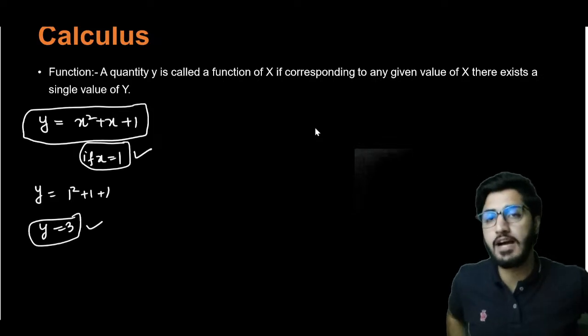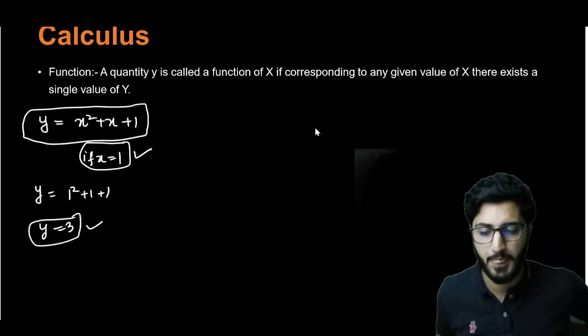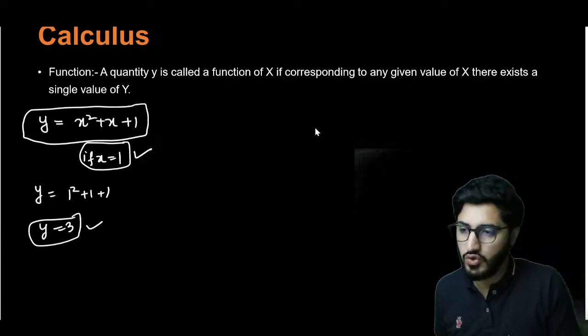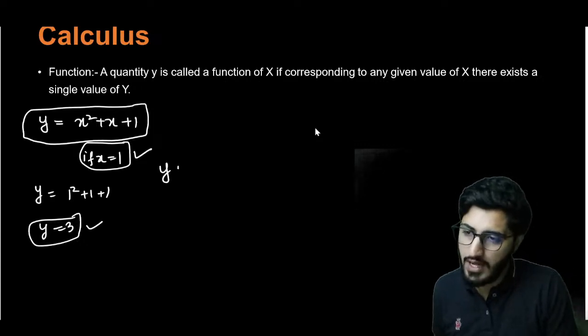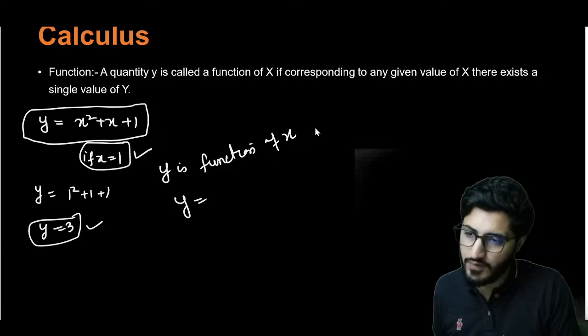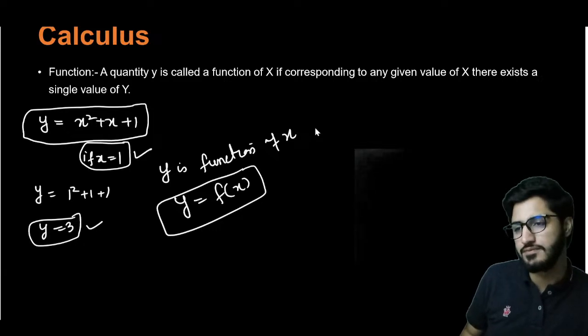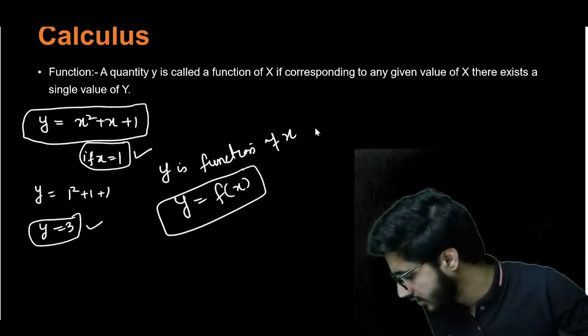Because at every value of x, there exists a single value of y only. So you can write here y is a function of x, and you can write in this way y equals to f of x like this. Clear? Any doubts?